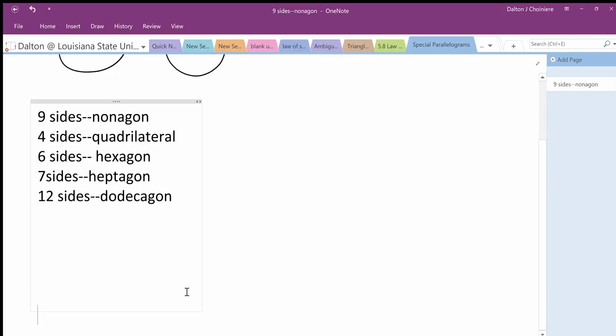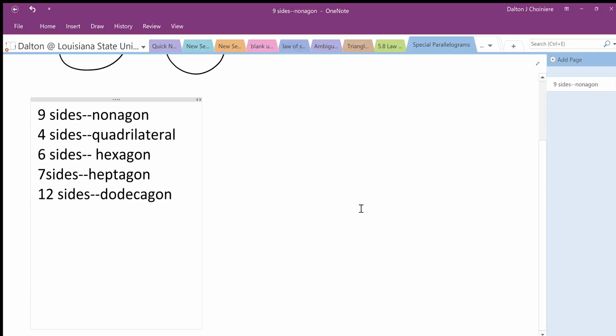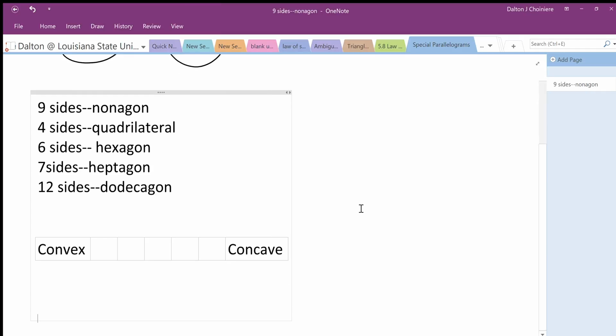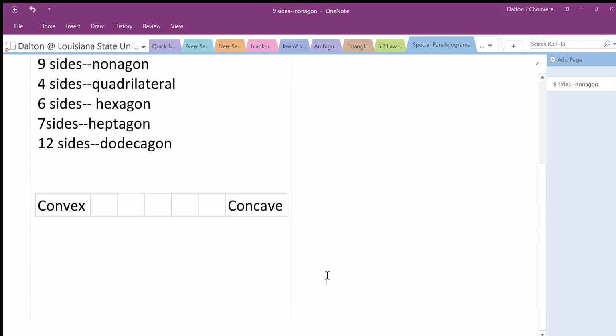You're close. Okay, so then we talked about this idea of convex and concave. And basically, the difference between the two. Does anybody remember the difference before I tell you the difference?